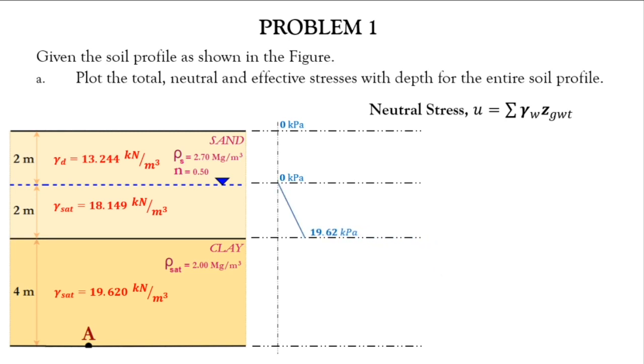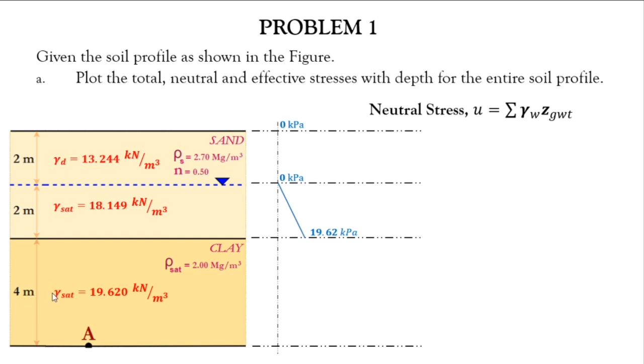And next, we go to point A, at the bottom of the soil profile. Notice that at this point, there are two ways you can calculate the pore water pressure. They give the same result. You can take 19.62 and add the stress of water for the 4 meters, so 19.62 plus 9.81, the unit weight of water, times the height of water for the clay.